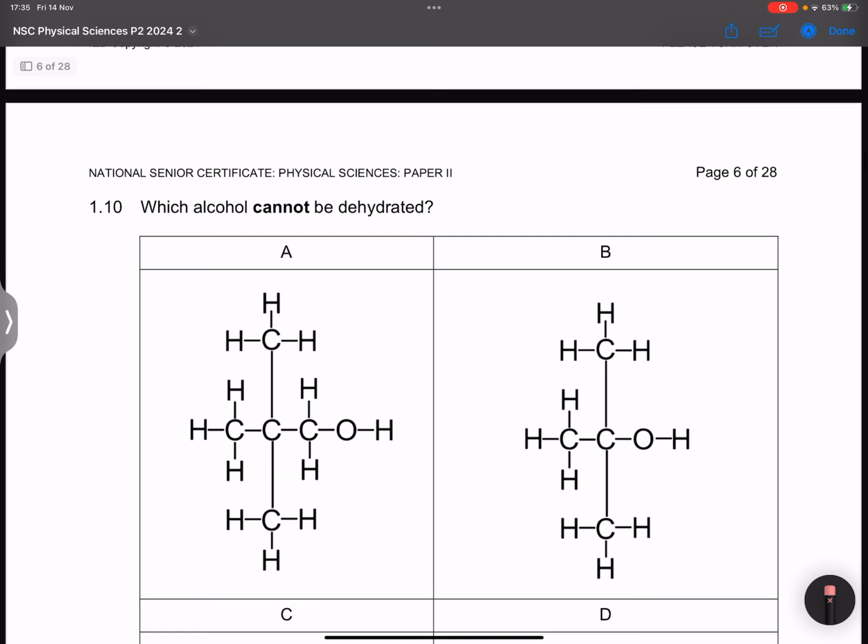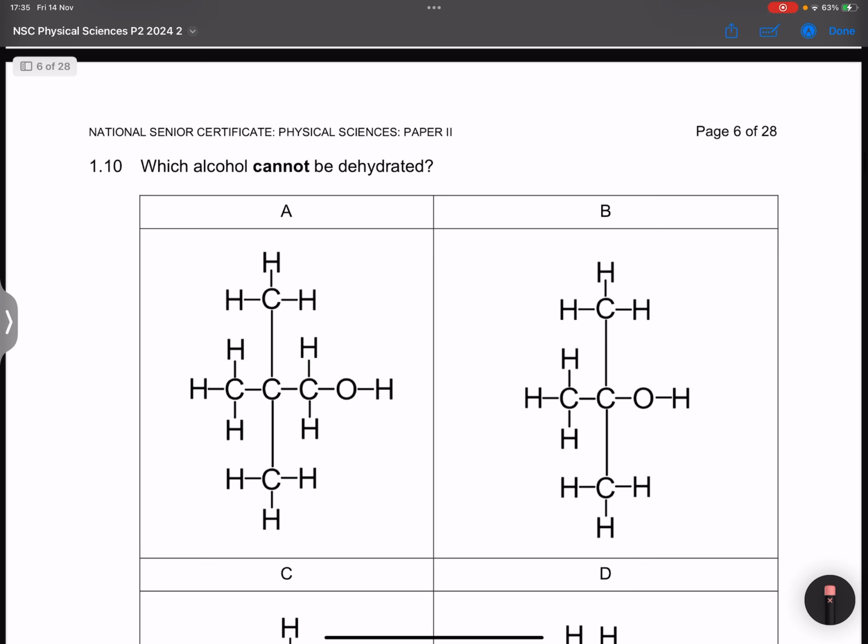And then finally, ladies and gents, they say, which alcohol cannot be dehydrated? Okay, now let's check. When I look at A, it is a tertiary alcohol, and note, because of it being a tertiary alcohol, it does not have an accompanying hydrogen next to it, so that we can apply Zaitsev's rule, right, to eliminate that hydrogen as well as the hydroxide. So in that case, that should be A, but let's see the others, right?